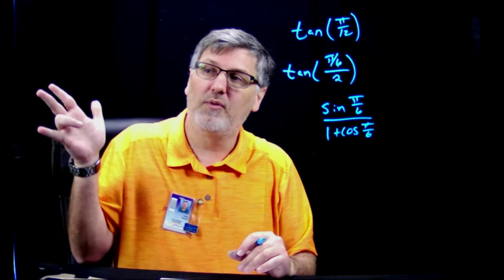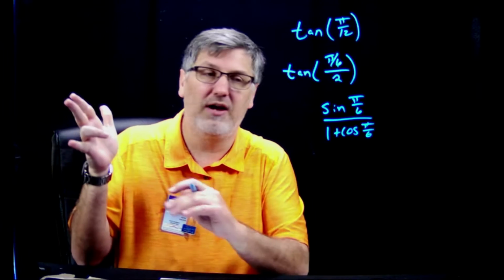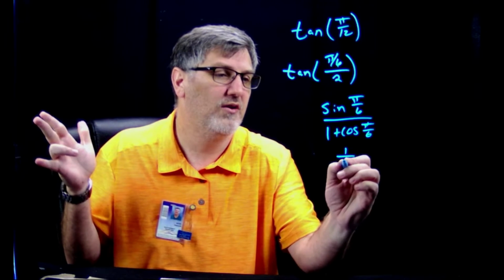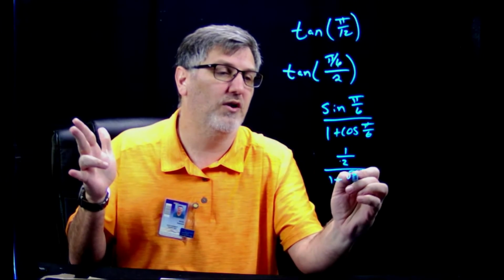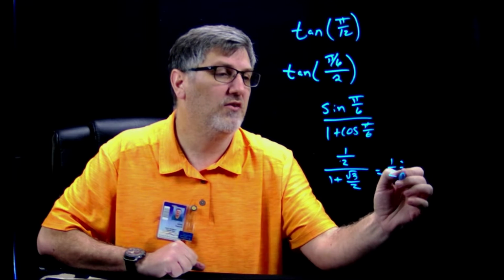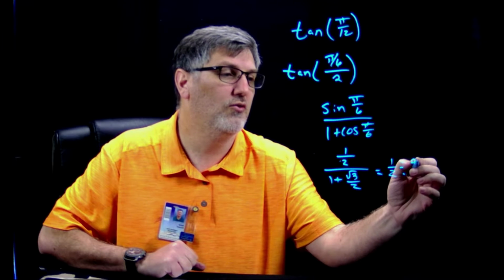Now, from my left-hand trick, I know sine of pi over 6 is going to be 1/2 over 1 plus, this becomes the square root of 3 over 2 from my left-hand trick. So we're going to clean this up. We're going to have 1/2 divided by, well, let's add this. This is going to be 2 plus the square root of 3 over 2.